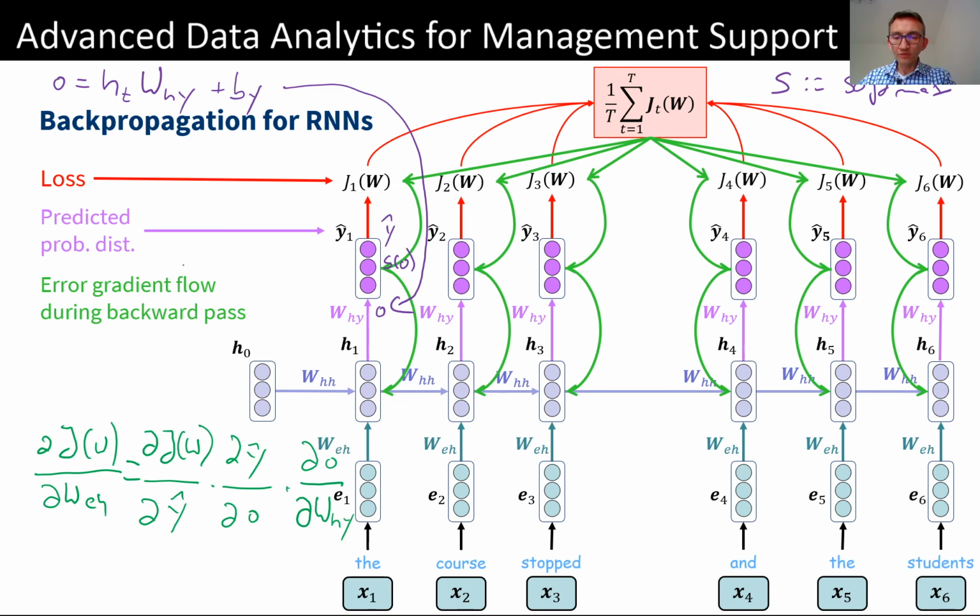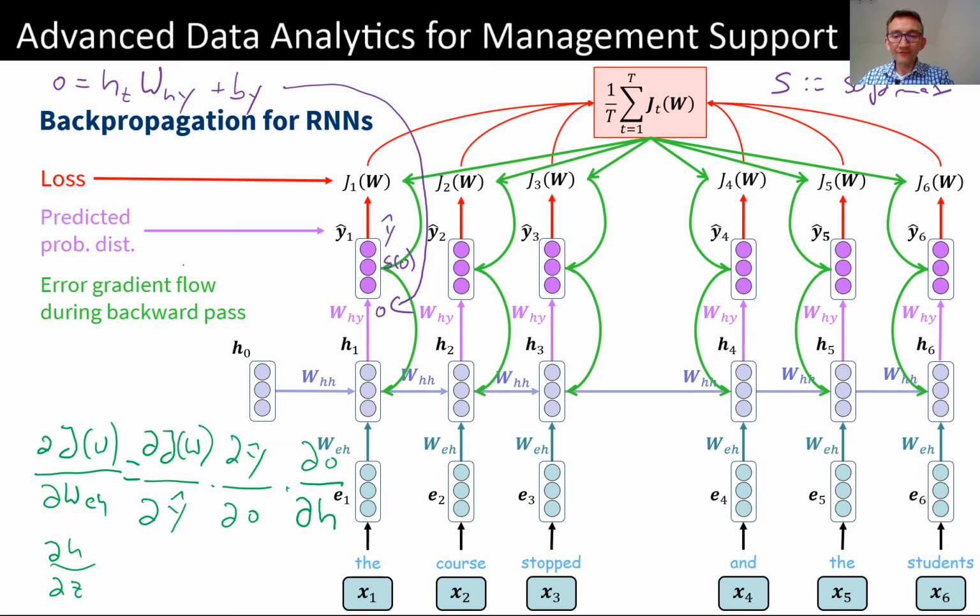So for W_eh, we take the derivative of O with regard to h, which is thus the weights W_hy, and then we need to continue, because in the hidden layer there will be some activation function. So the next term would be the derivative of h with regard to z.